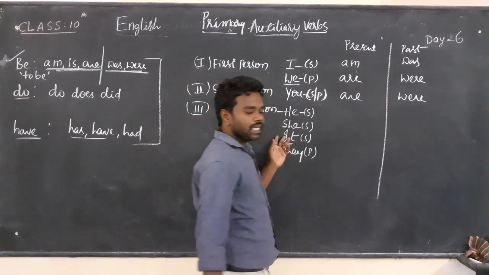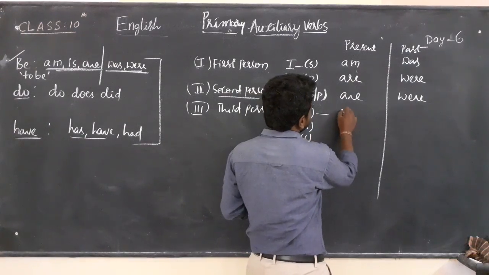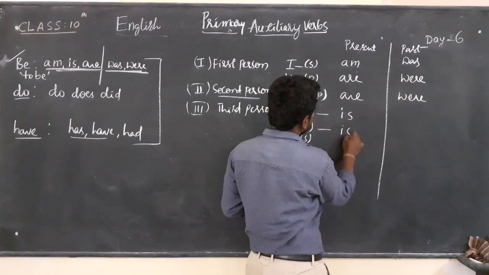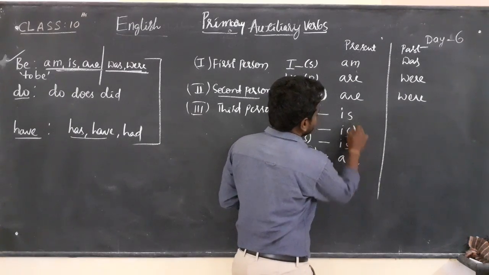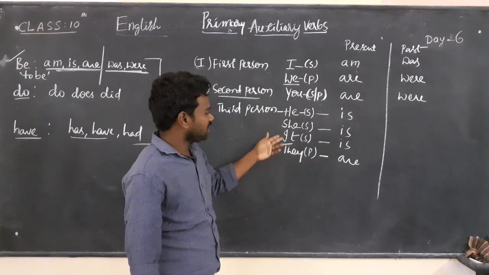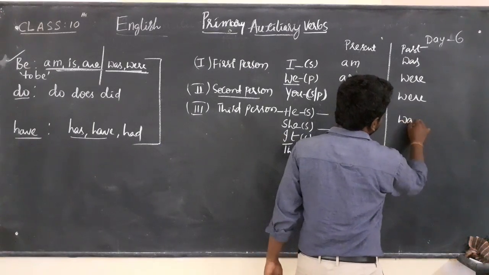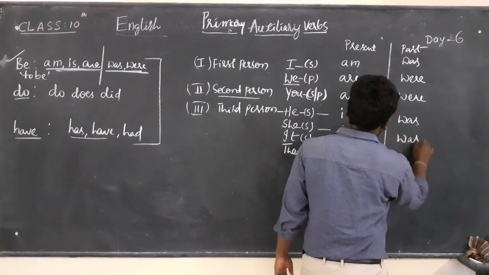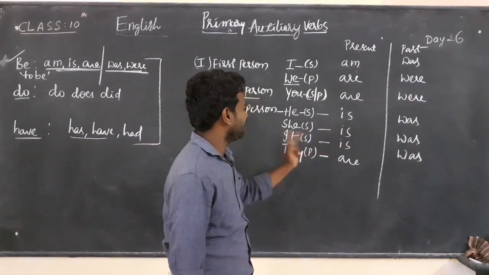He, she, it: we use is. He is, she is, it is, they are. So is always goes with he, she, it, third person singular. And was: he was, she was, it was.